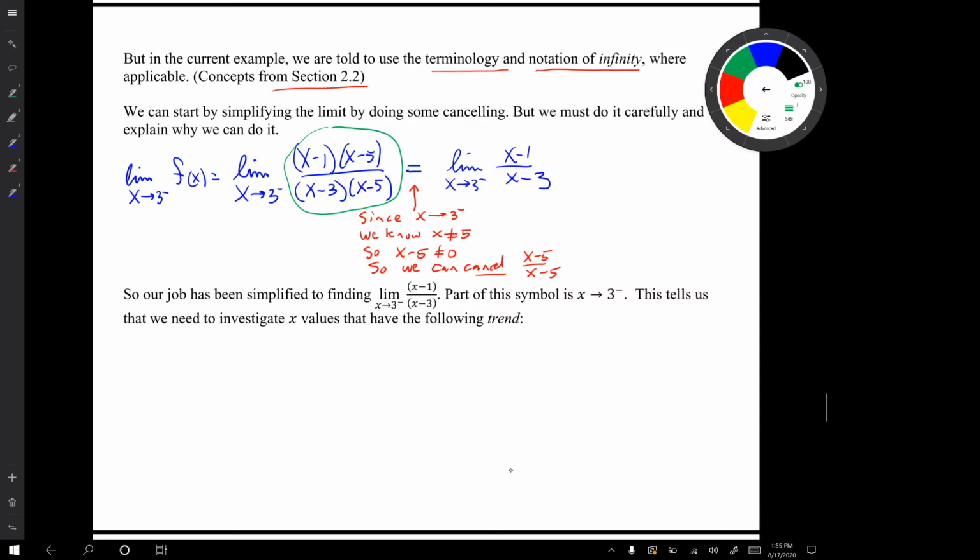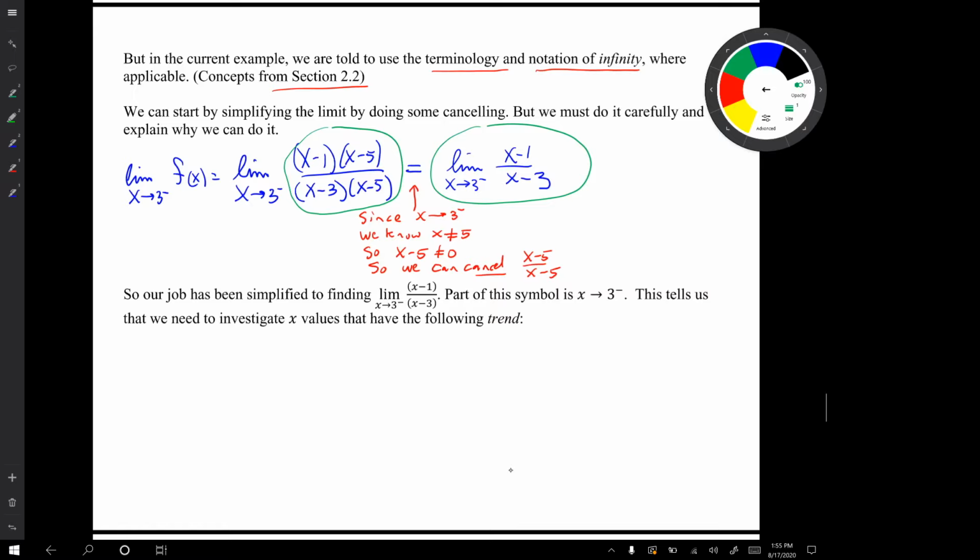And so since x is not equal to 5, we know that x minus 5 is not equal to 0. And so we can cancel x minus 5 over x minus 5, which arrives us at this simpler limit expression. So there's that concept that is the most important concept of the first month of the course. When can we cancel terms and why can we cancel terms?